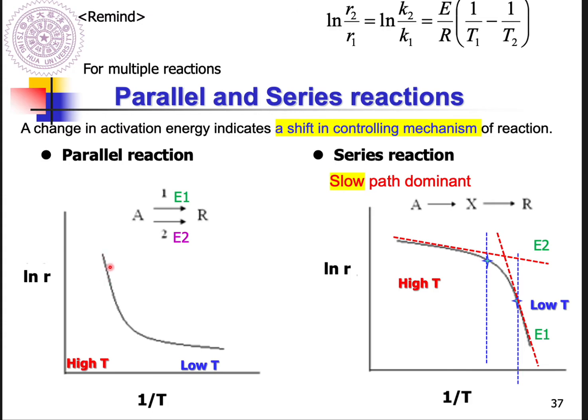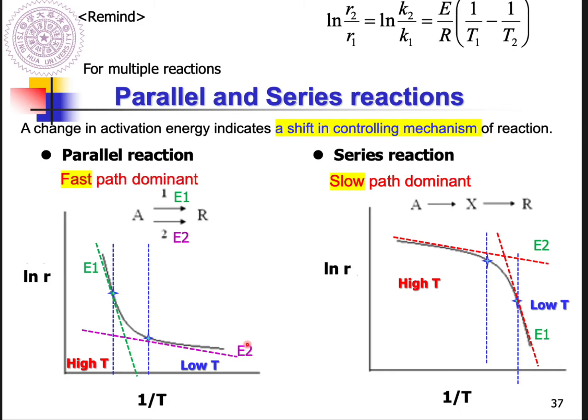But if you get a curve, and after fitting you find this reaction must involve two chemical reactions with two different activation energies, at higher temperature reaction 1 dominates, and at low temperature reaction 2 dominates, but in both cases the fast path dominates. So the relationship between reaction 1 and 2 is definitely a parallel reaction. Now they are parallel reactions.